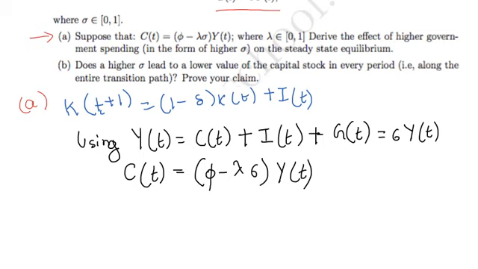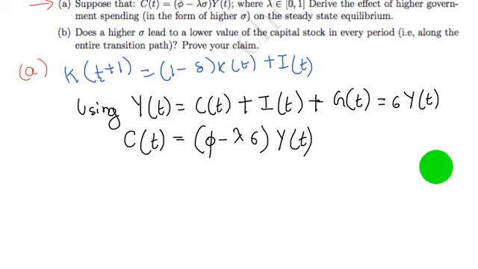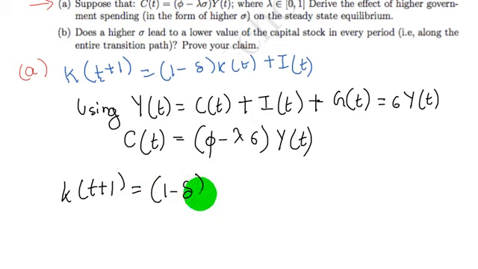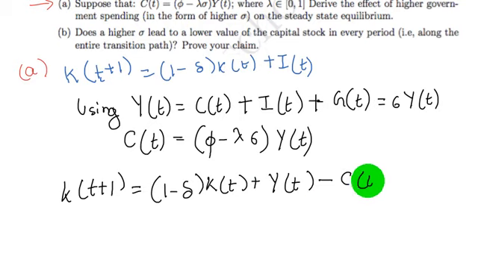Now, using the following two relations, we can rewrite the law of motion of capital as k t plus 1 equals 1 minus delta kt plus yt minus ct minus gt.